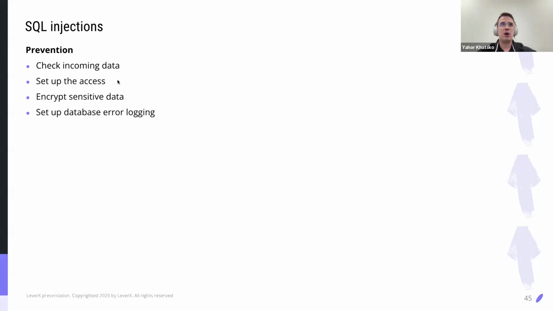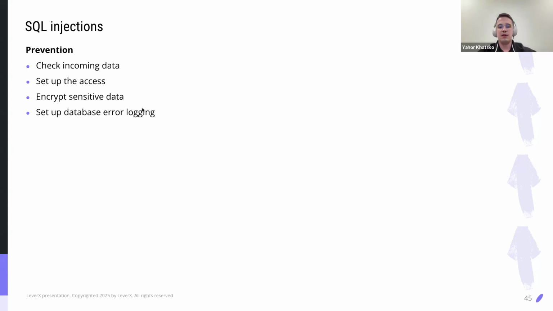So by providing access, if the query is executed, it should be executed in select mode, and if an update appears within the specific query, you should ignore it. So that's how you can set up the access.